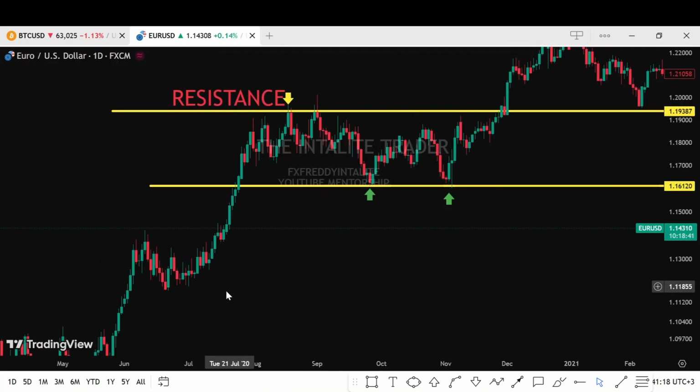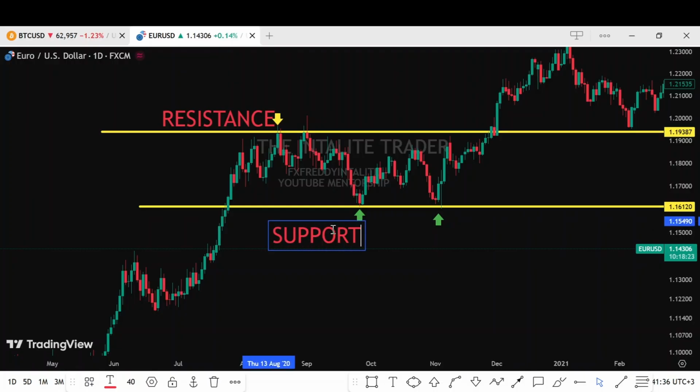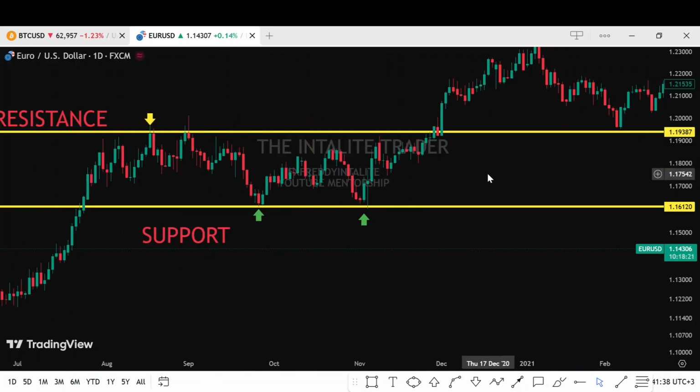Price did not come up to this level or this level. Instead, it came and stopped at this point, creating what we call a support. This is a support where it gains strength.